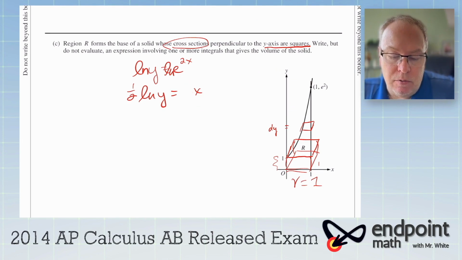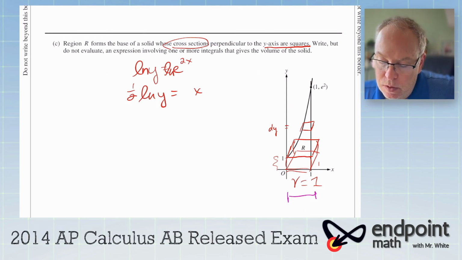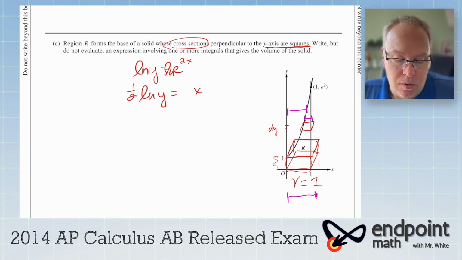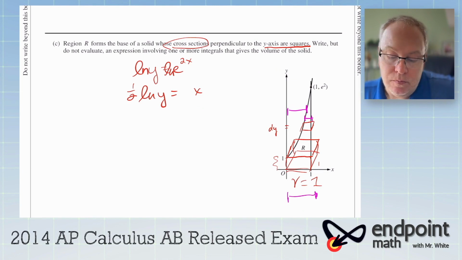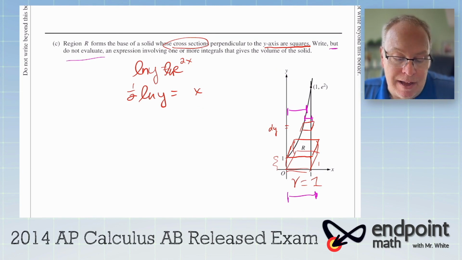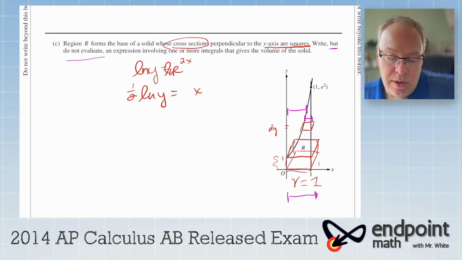That means we now know, let me change colors here, might help you out, the distance from here to here at any given moment. But in order to get the distance from here to here, we would have to subtract from 1. By the way, in the problem, I didn't read it, it says but do not evaluate. So that's kind of nice. So we can go ahead and set up our integral.